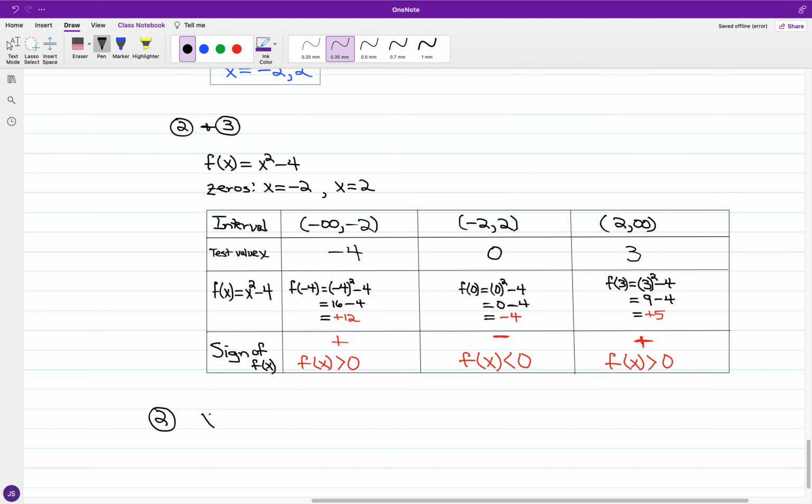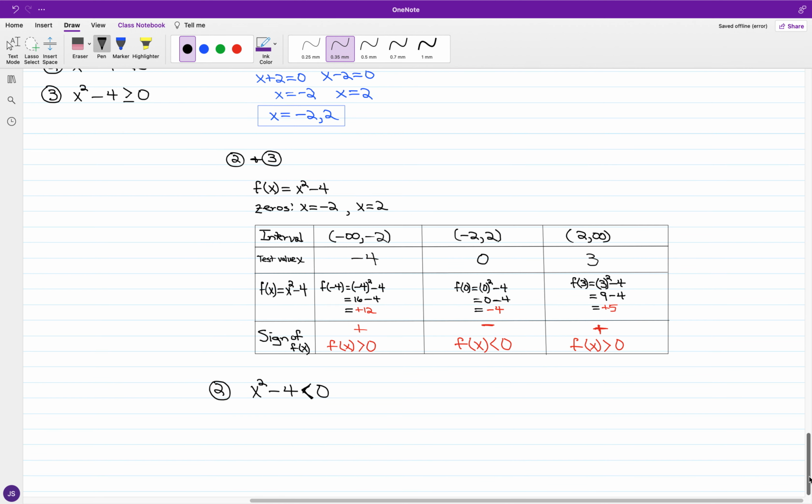Now for the solutions to the inequalities, for the second problem, we had x squared minus 4 is less than 0, with f of x equal to x squared minus 4, so this statement represents where f of x is less than 0.